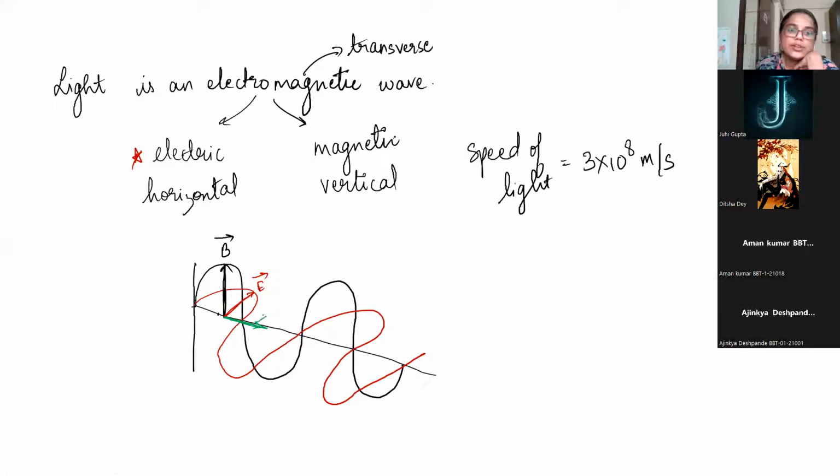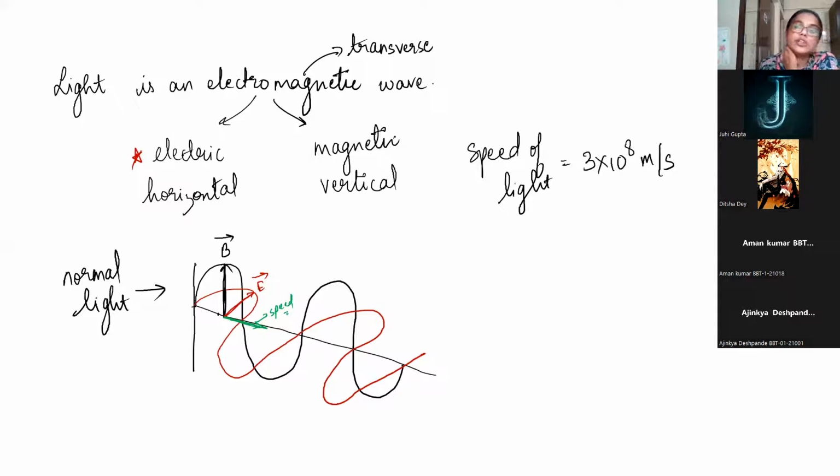So basically, this is the direction, the speed of travelling of the light wave. This is the electric component of the light, and this is the perpendicular magnetic component of light. All of them are perpendicular to each other, and this is how normal light is.